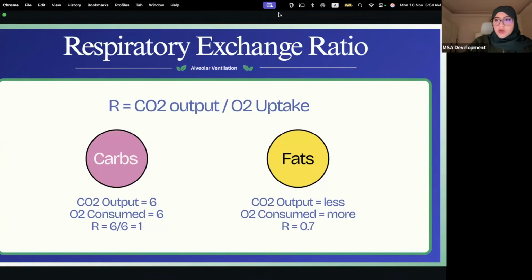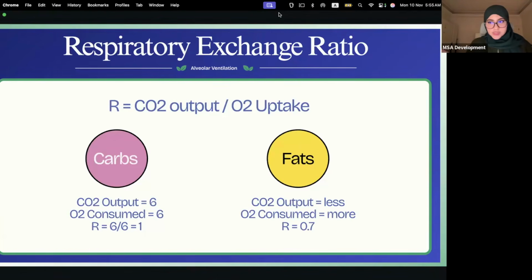Okay, we talked about oxygen exchange and CO2 exchange, but do we exchange oxygen and CO2 the same way everywhere? Obviously not, right? It differs from tissue to tissue, or different kinds of cells. So essentially, respiratory exchange ratio just means that we're calculating the ratio between CO2 output, so how much we're releasing, to oxygen consumption, so how much we're consuming.